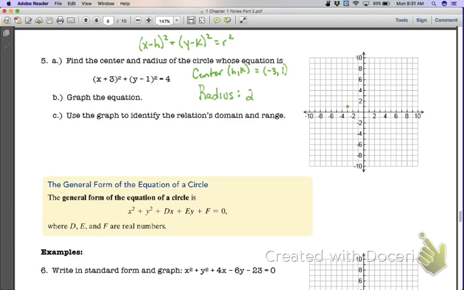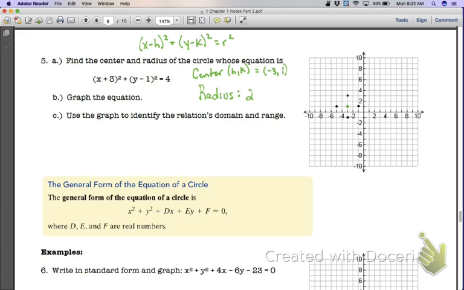It's going to look like a football or a really deflated basketball. So if my radius is 2, basically all I'm going to do is go 2 points in each direction and make sure those are all points on my circle. Does that make sense? Because it's 2, the distance is 2 all the way around.